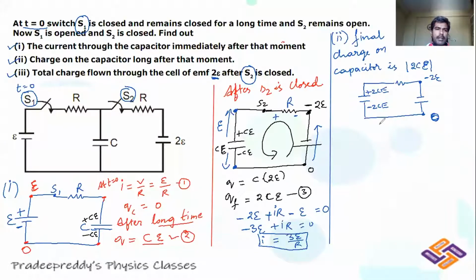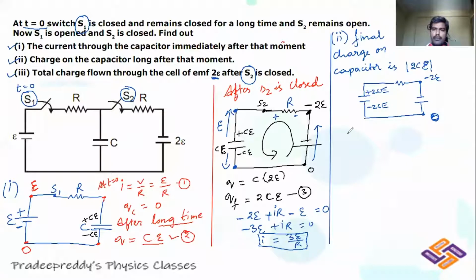Now coming to question number 3: what is the charge flown through the cell of EMF 2E after switch S2 is closed? When switch S2 is closed, there is some charge flowing through this, right? So what is the charge flowing over here?